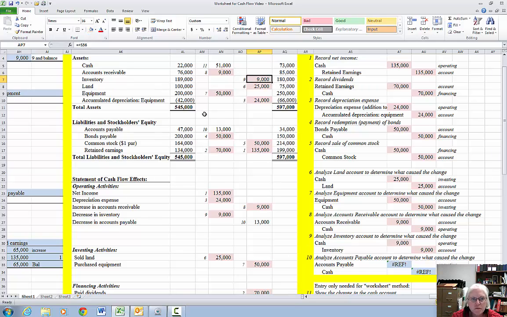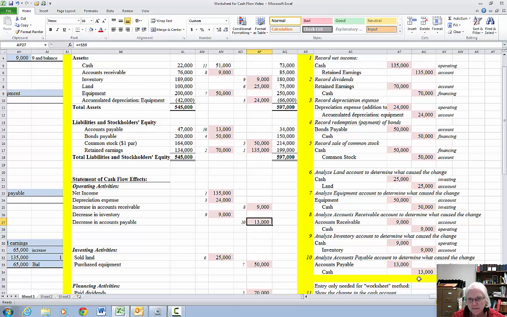The accounts payable looks like it decreased by $13,000, and so I'm going to debit the accounts payable in the accounts, and I'm going to credit cash in the operating section right here.